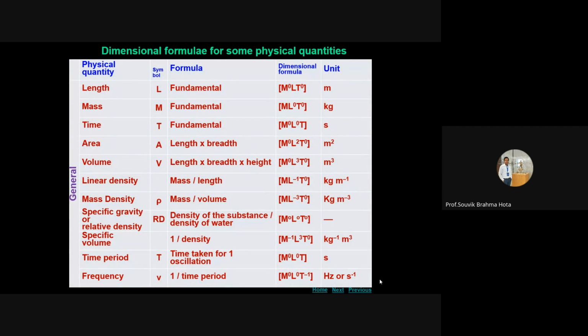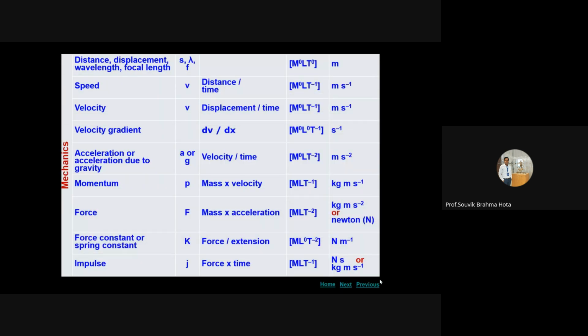This is for generals: length, mass, time, area, linear density, mass density, specific gravity, time period, frequency. Generally they can ask from each of them, most probably from specific gravity, relative density, time period, or frequency. From mechanics, most of the time they ask impulse. Force is a normal thing.